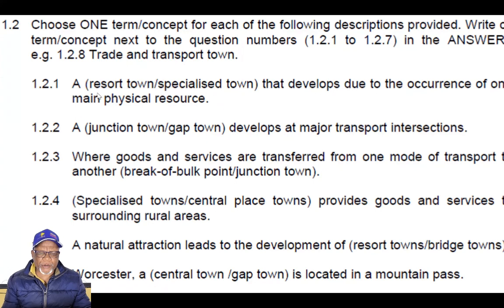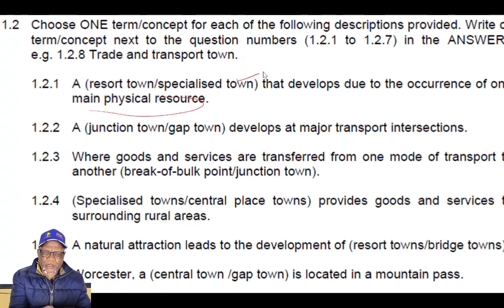The question says a resort or specialized town that develops due to the occurrence of a main physical resource. It cannot be a resort. It will be a specialized town because it occurs because of the main physical resource.